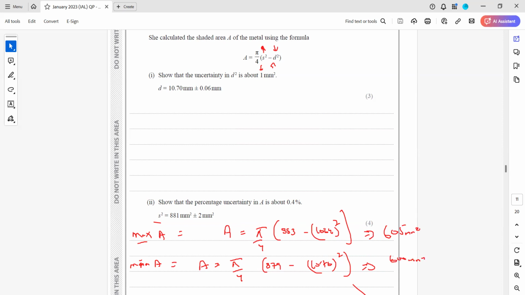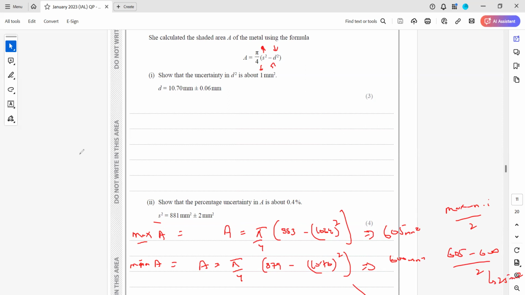How to work out the uncertainty? Uncertainty is maximum minus minimum divided by 2. So maximum 605 minus minimum 600, divided by 2, will give the uncertainty in A, which is 2.5 millimeter square. And then we need the percentage uncertainty.